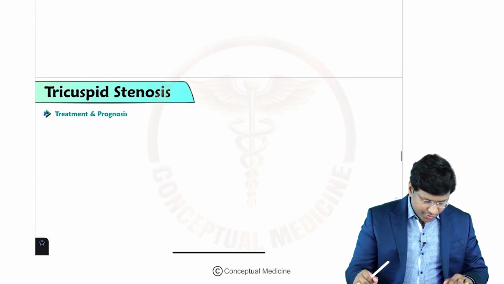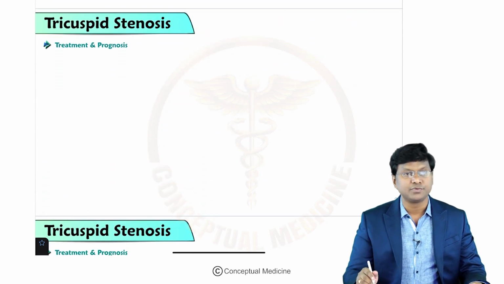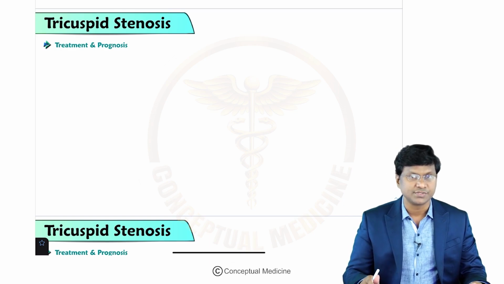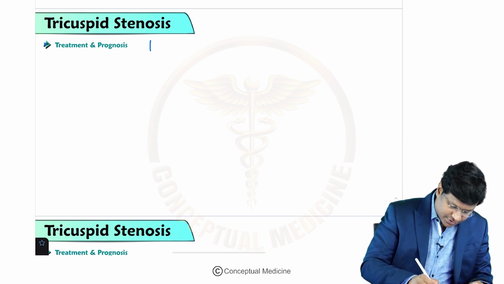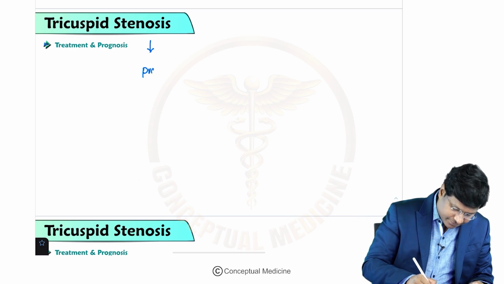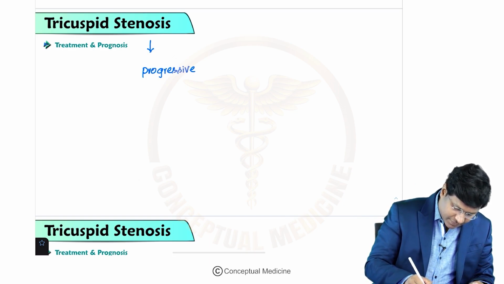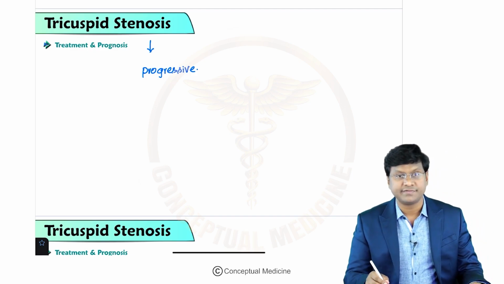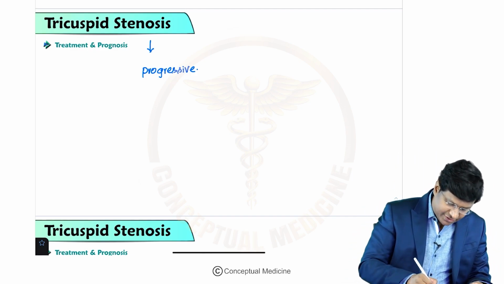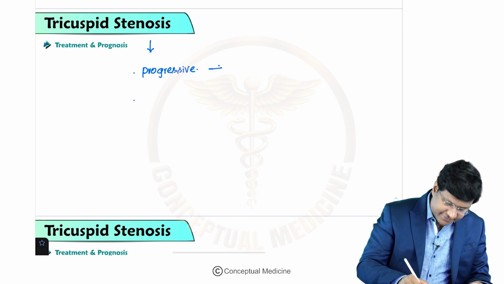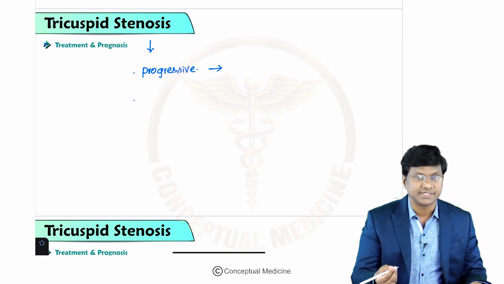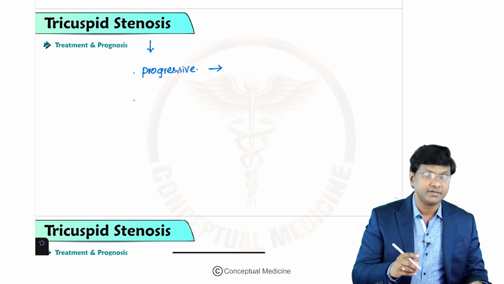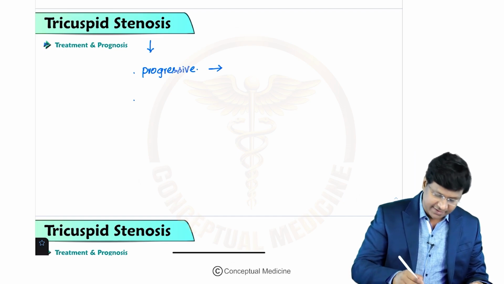Next, how do you treat these patients and how is the prognosis in patients with tricuspid stenosis? Tricuspid stenosis is usually a progressive disorder, and as the severity increases, the individual will land up in severe right-sided heart failure.